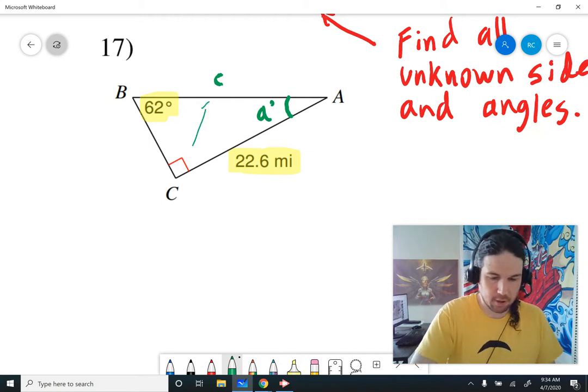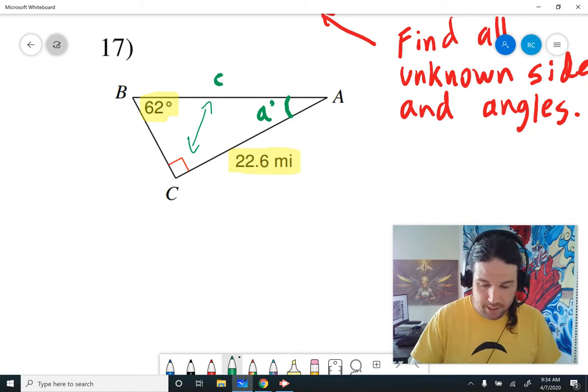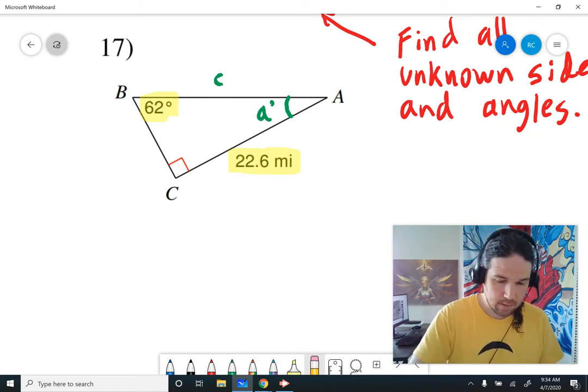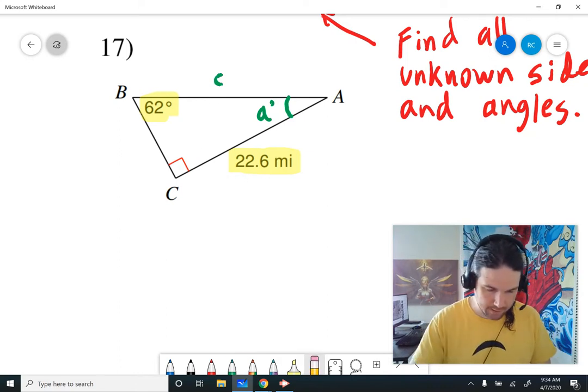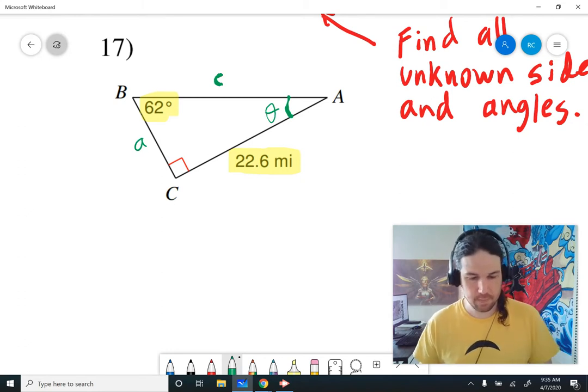That makes sense since it's across from big C, and we use C to indicate the hypotenuse anyway, right? And let's see. I guess that means we will call this not A. I'm going to go back to theta, and we're going to call this side A.